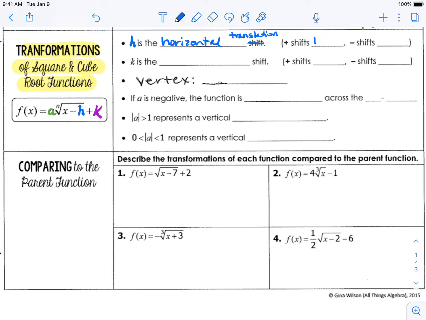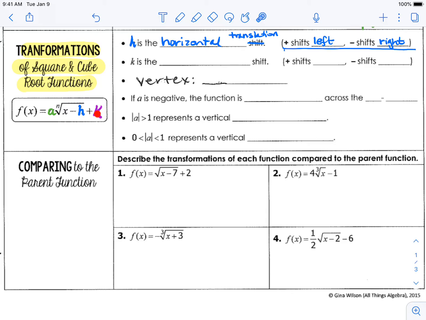And when H is negative, we're going to say that this moves right. Okay, so this is for my H.